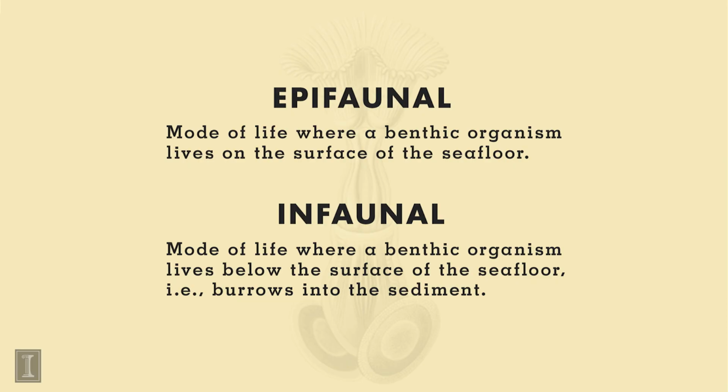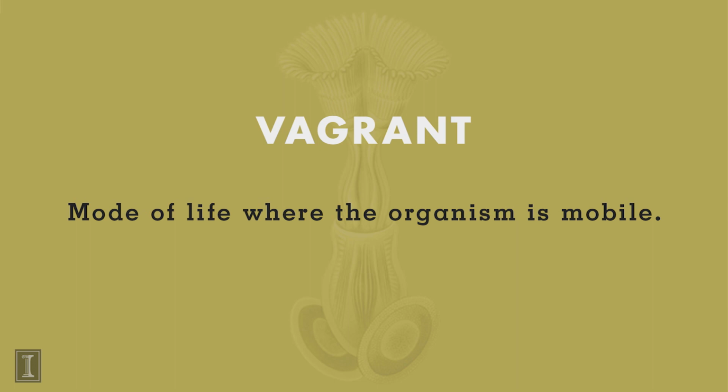We have a lot of adjectives here, so we'll try to keep them straight. Once you've established whether an organism is epifaunal or infaunal, think about whether that organism could move. You, for example, are a vagrant organism. The term you would apply to an organism that looks like it can actively move is vagrant. In contrast, we use the term sessile.